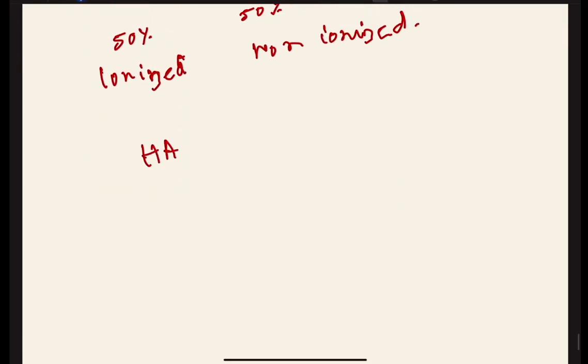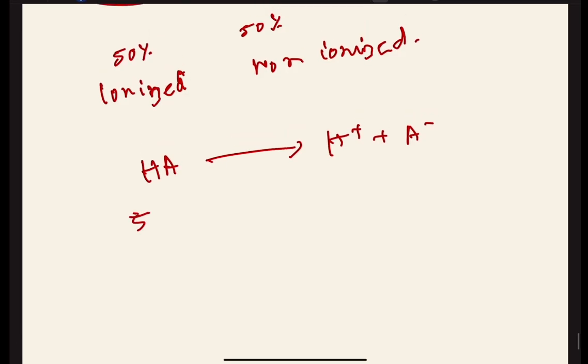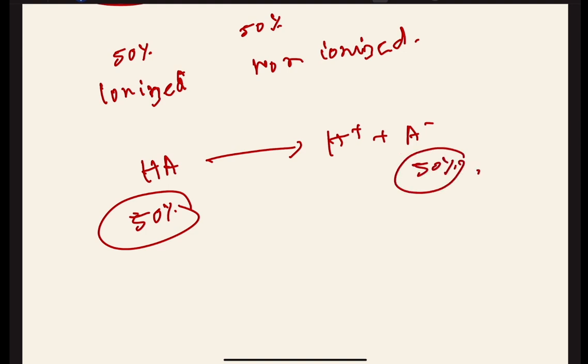So if this is the HA drug, H plus plus A minus, and in an environment 50% of the drug is in HA form, the non-ionized form, and 50% is in A minus form, then that pH is called the pK of the drug, or the ionization constant of the drug.